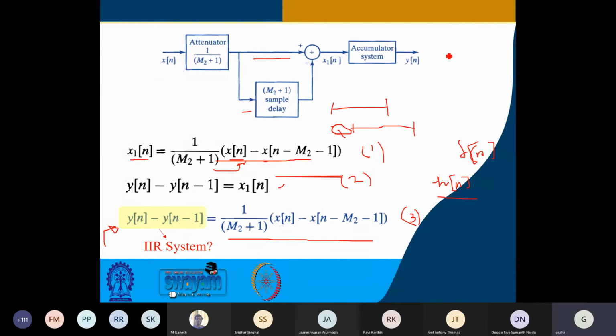Do you get my point? Consider del n as input, at that time xn is del n, and yn is your hn, and it is initially relaxed. Just substitute and see. One would have to assume that hn for negative indices is 0, right? Yeah, of course.